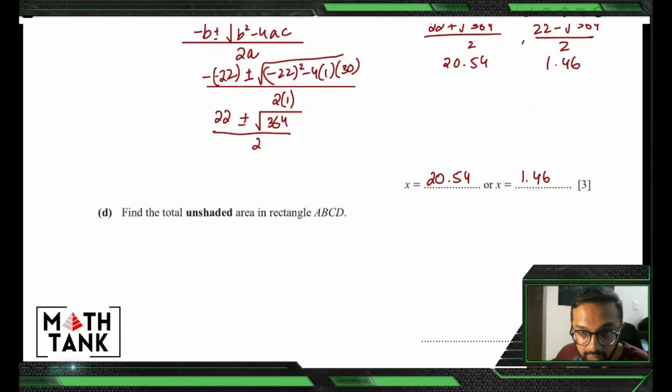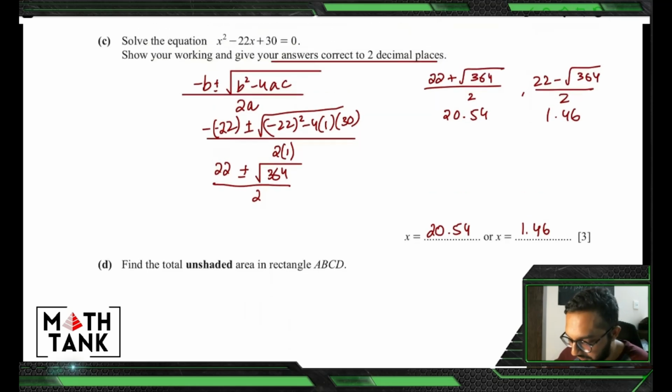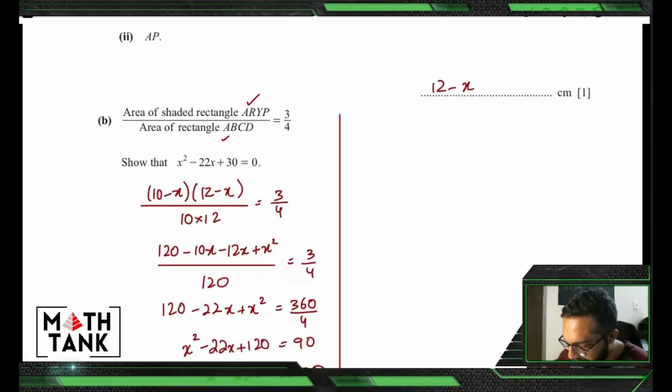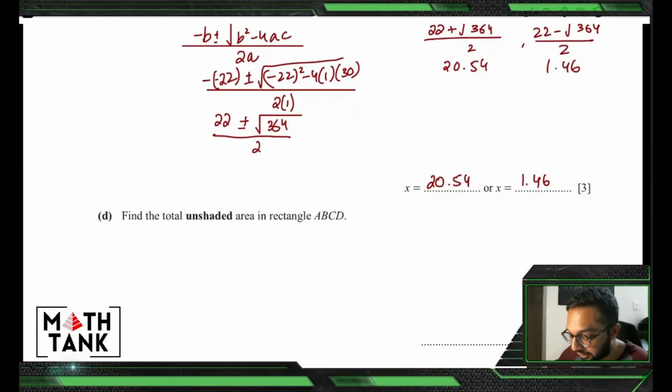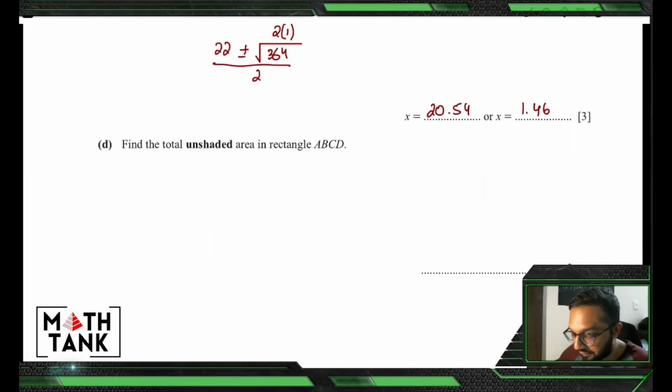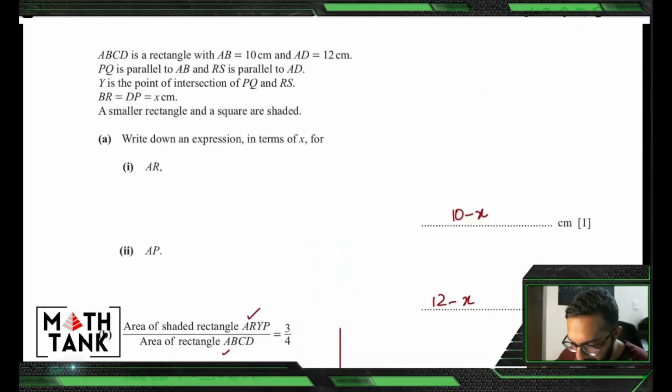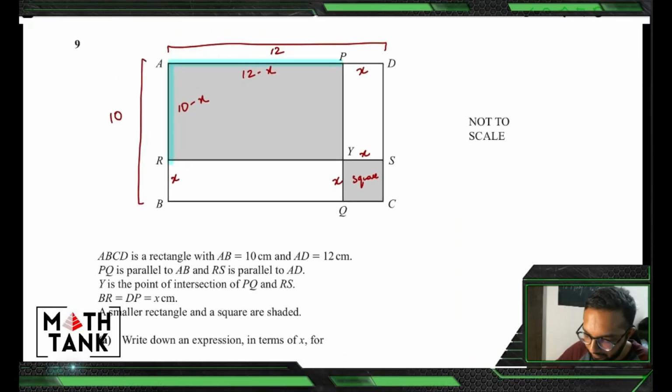Let's just find the total unshaded area in the rectangle. Okay, so I think the simpler way of doing that question would be, the first thing that we need to point out. Now I need to consider which value of x is valid then. Is it 20.54 or 1.46? Okay, if I take 20.54, notice that if I put in 20.54 here, 10 minus 20.54, this length becomes negative.